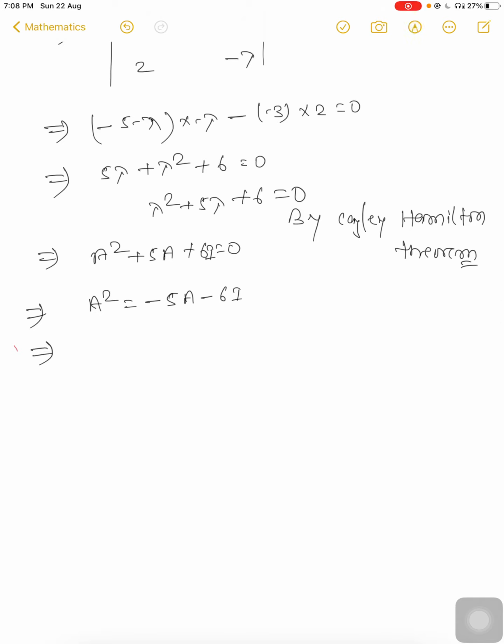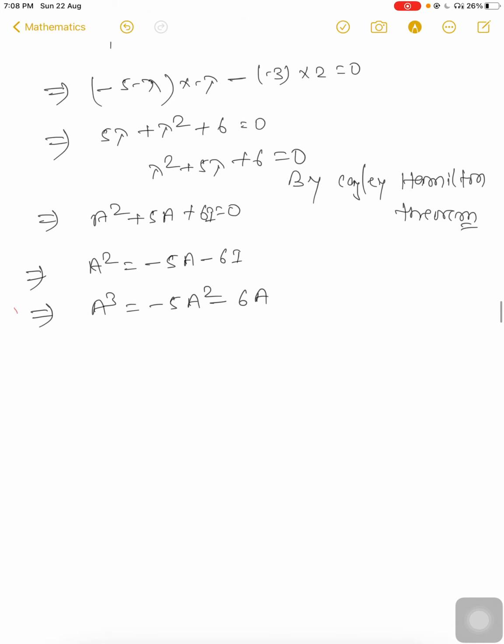Now multiply by A. Then you will get A cube is equal to minus 5 A square minus 6A.